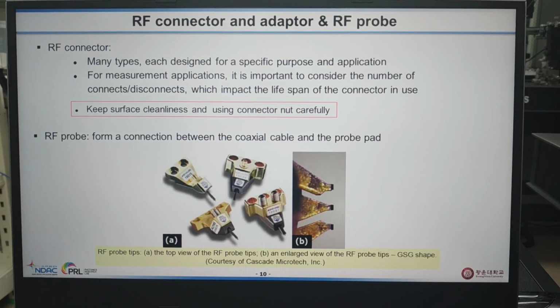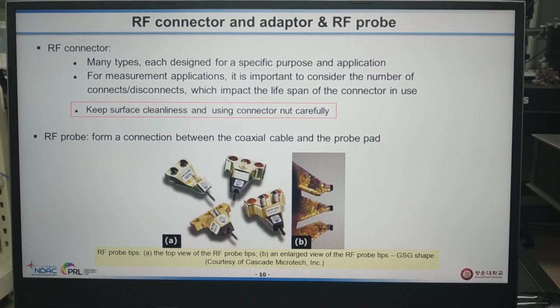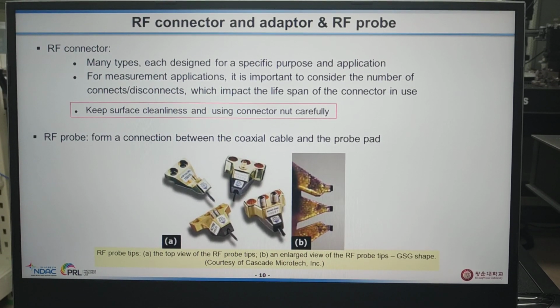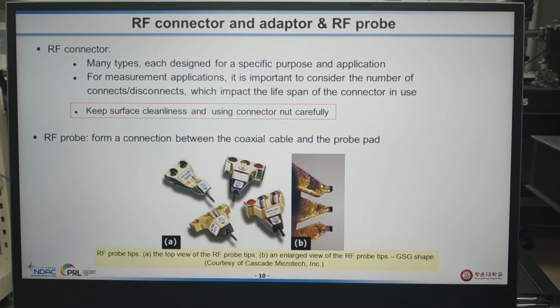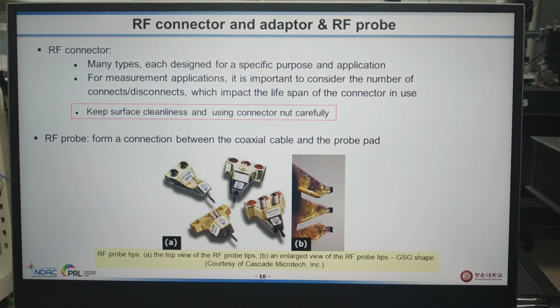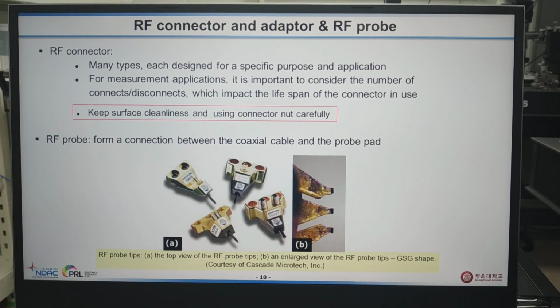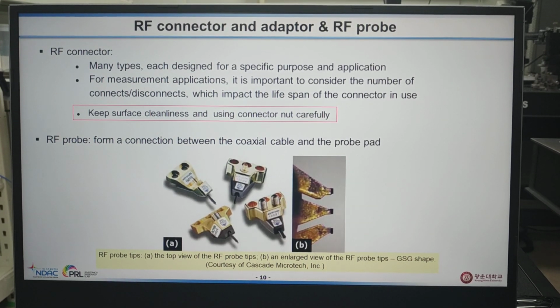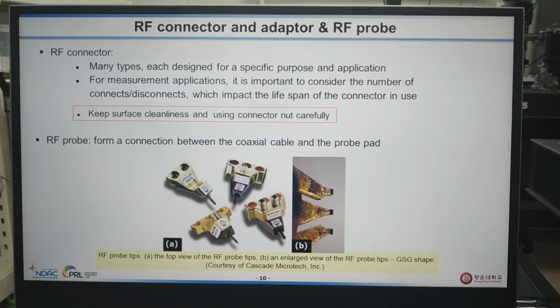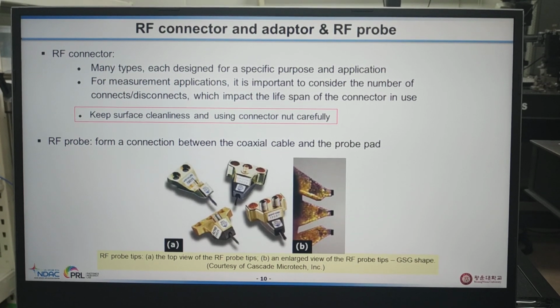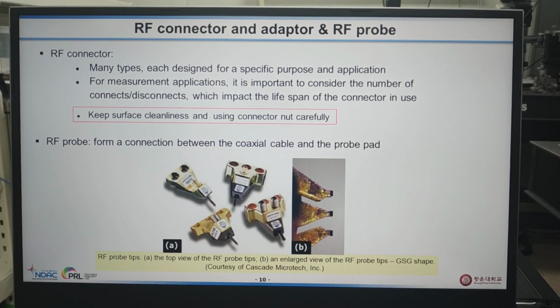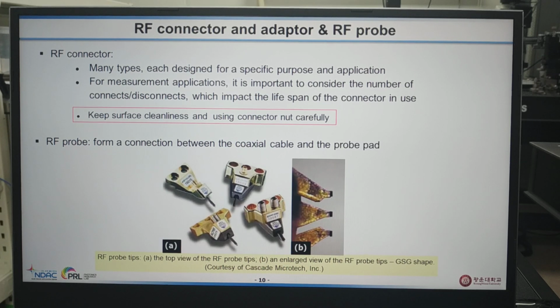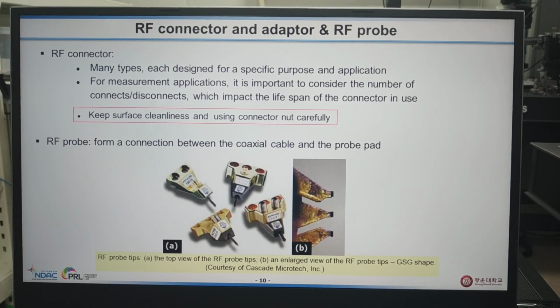For the measurement applications, it's important to consider the number of connections and disconnections, which impact the lifespan of the connector in use. And here, we need to keep the surface clean and use the connector carefully.